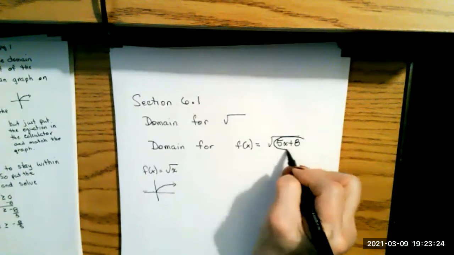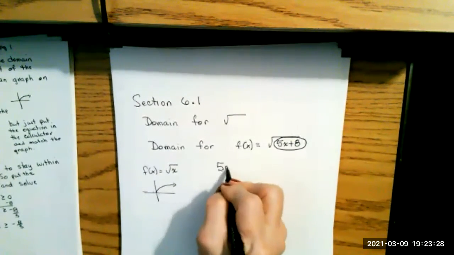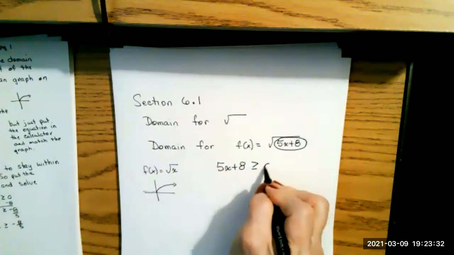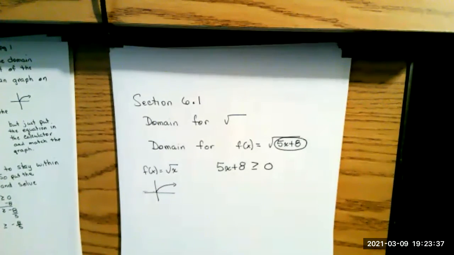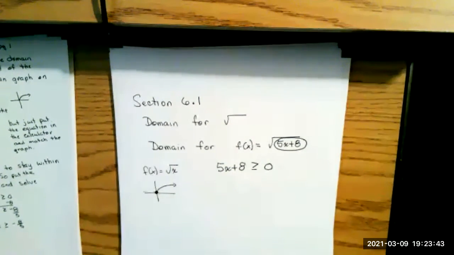You take this number underneath here, which is called the radicand, and you take your 5x plus 8 and you set it greater than or equal to 0, because all these values have to be greater than or equal to 0. It can be 0 because it touches right here at 0, and you can have the square root of 0. The square root of 0 is 0.